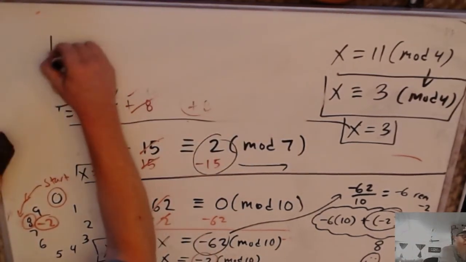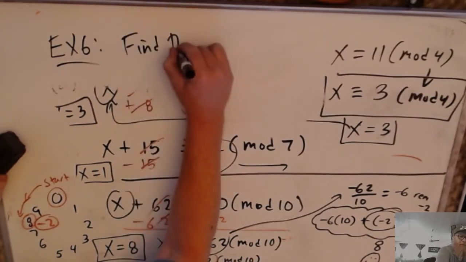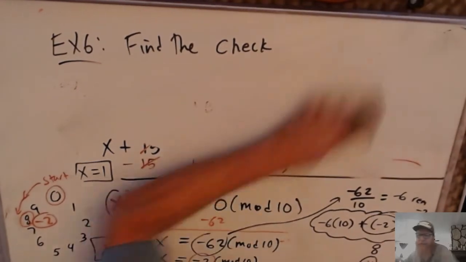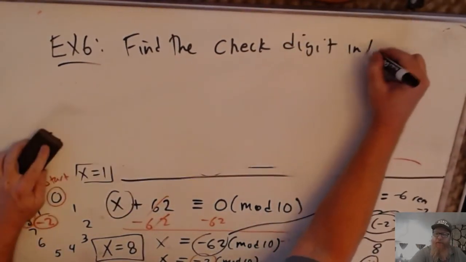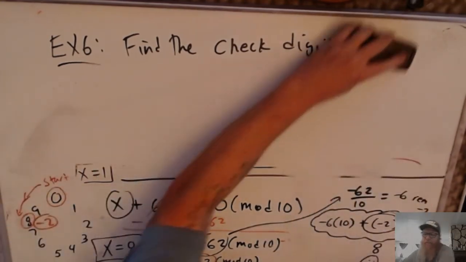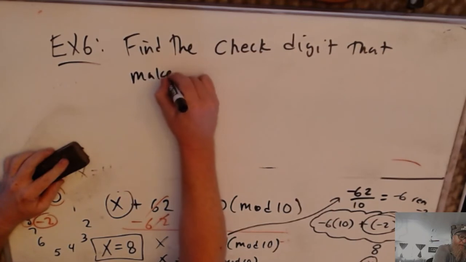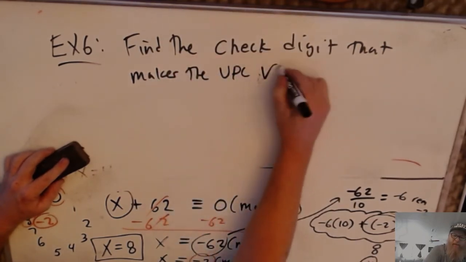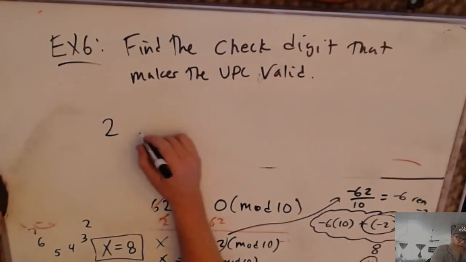So here we go, this is the last example. Find the check digit in the UPC that makes the UPC code valid. So it must be valid.